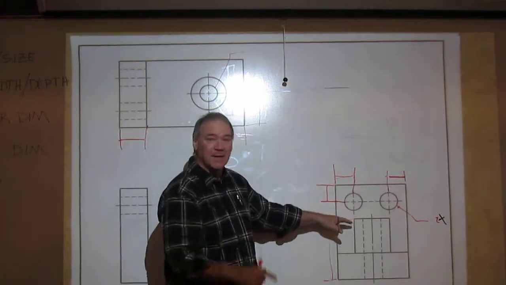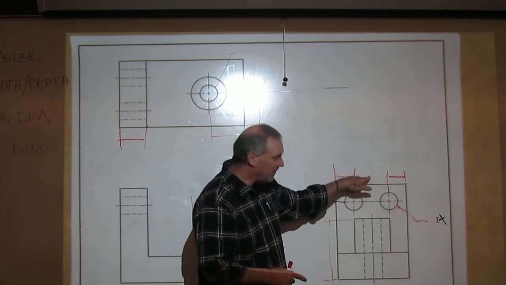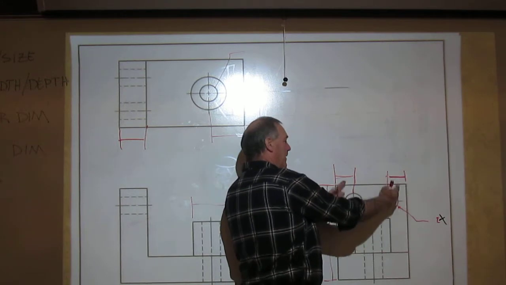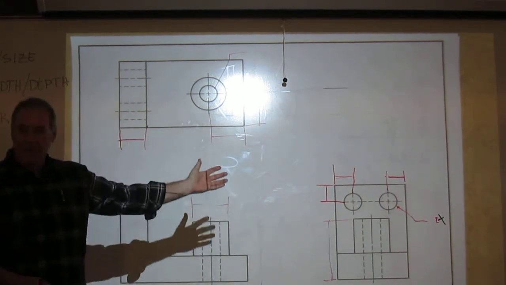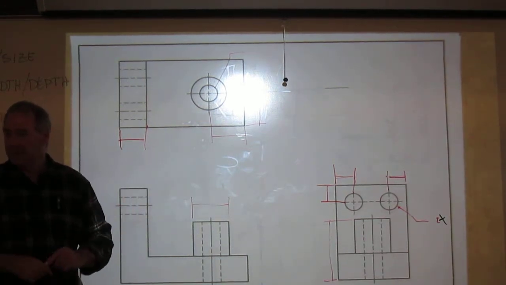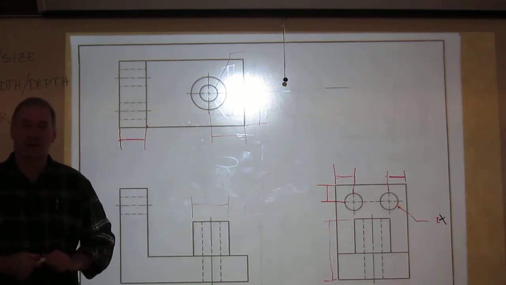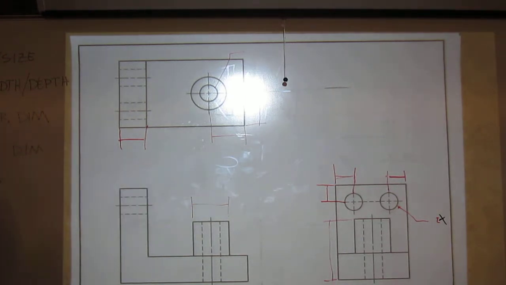If the dimension that's important is the distance between these two, then I need that one. If the dimension from the sides is important, I would put those two. We don't really know that, so for this, I'll just leave it alone. But certainly, that's a question we would ask the designer, which may be us if we had some experience. It's probably somebody else as you come straight out of college. So I'll leave it like that, but it could be in the middle just as easily as the way I've got it drawn.